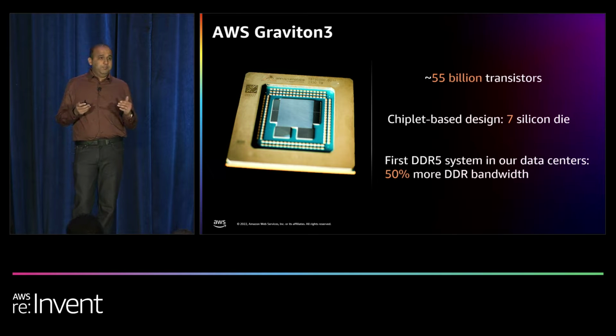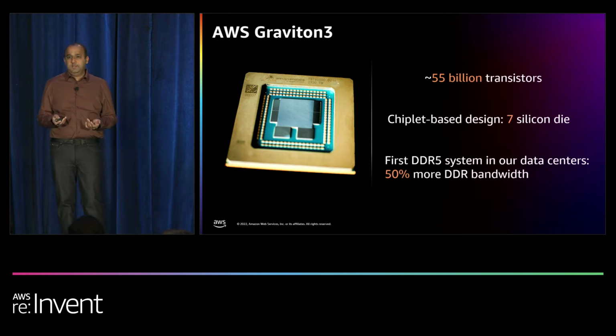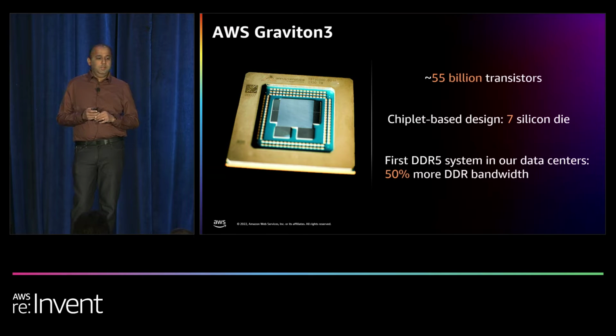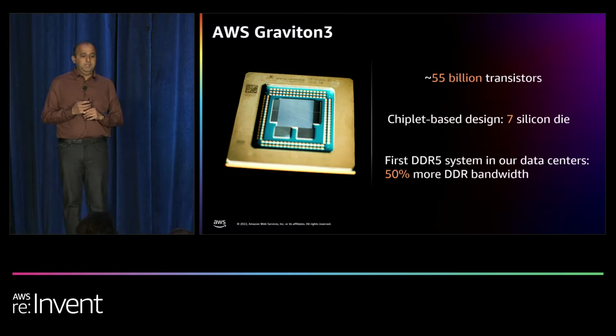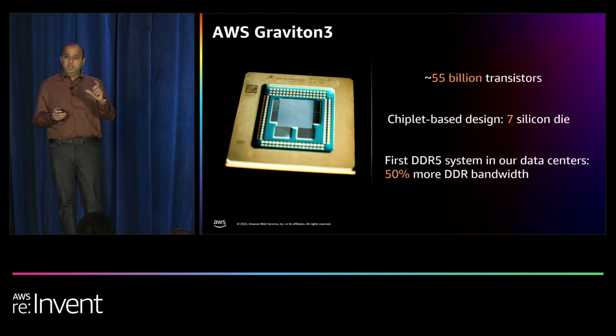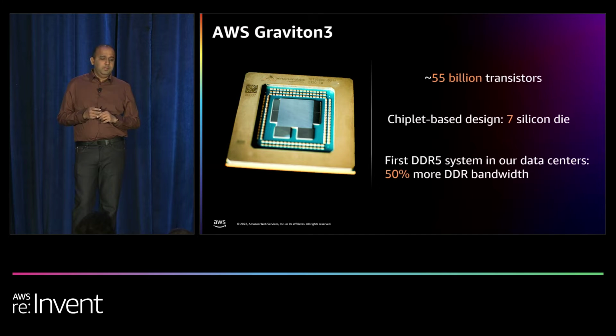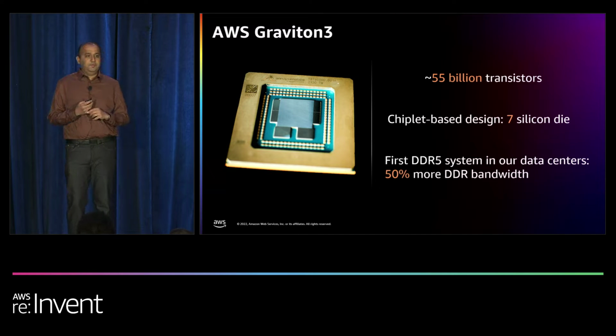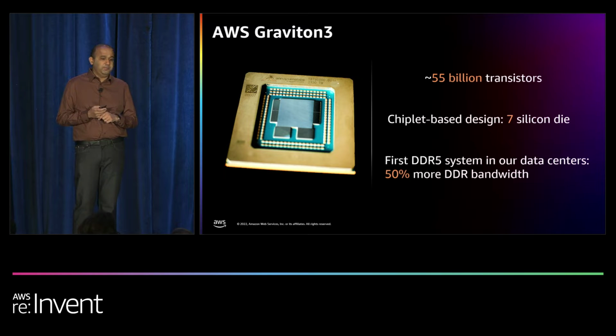It has over 50 billion transistors. That's up from the 30 billion transistors that we used in Graviton 2. As you can see in the picture, it also has a chiplet-based architecture with 7 silicon die. And I'll talk a little bit more about what each of those represent in just a second. And like I said, it also represents the first time we've introduced DDR5 in our data centers, delivering more memory bandwidth.